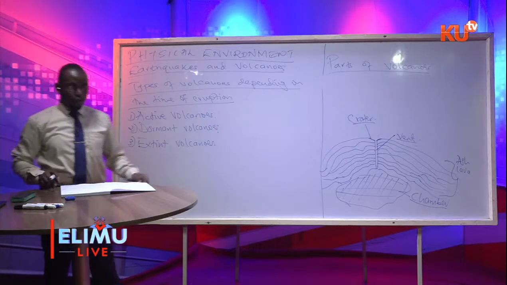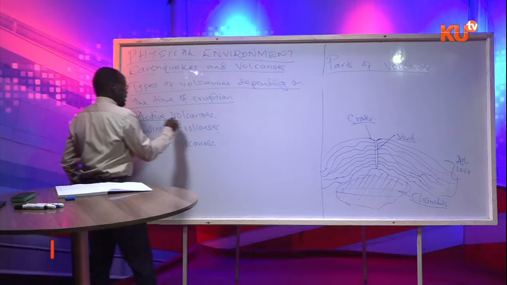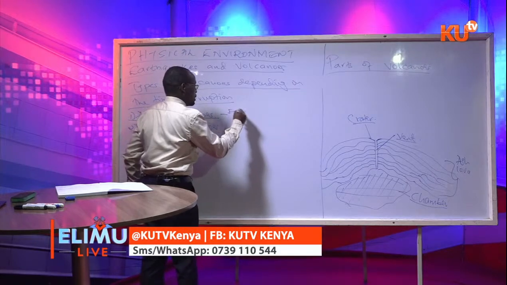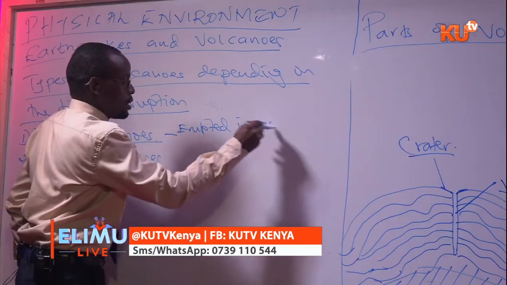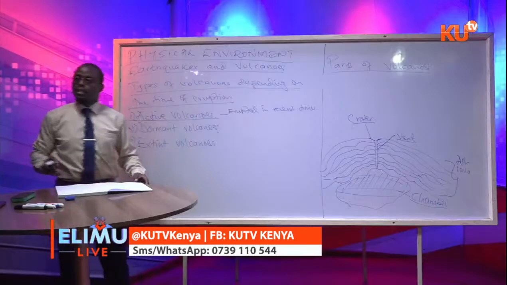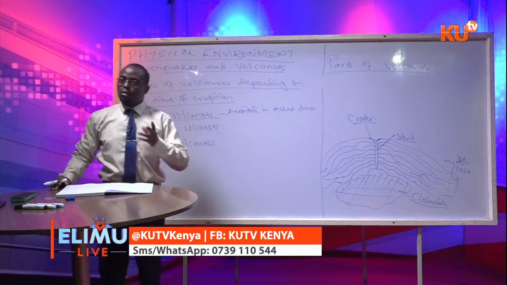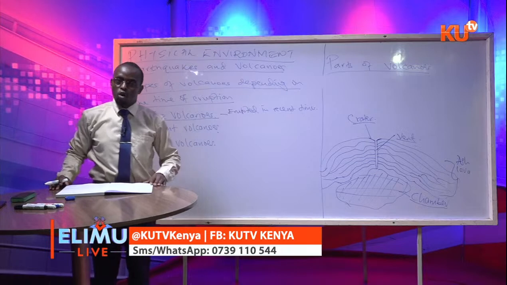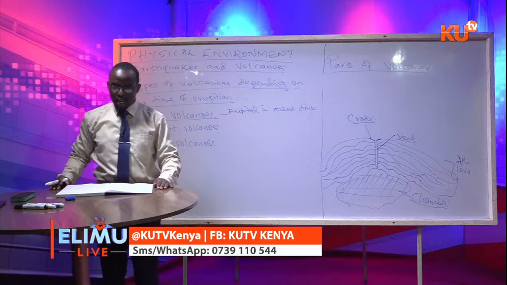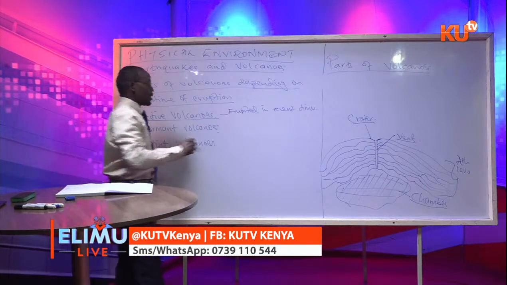Now, for active volcanoes, these are the ones that have erupted in recent times, like what we witnessed in the Democratic Republic of Congo in the last year. Volcanoes like Mount Nyiragongo in Congo near Goma city. We have volcanoes like Mount Pinatubo in Philippines, and of course Montserrat in Caribbean.